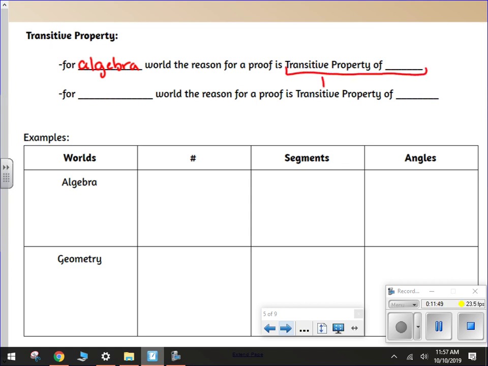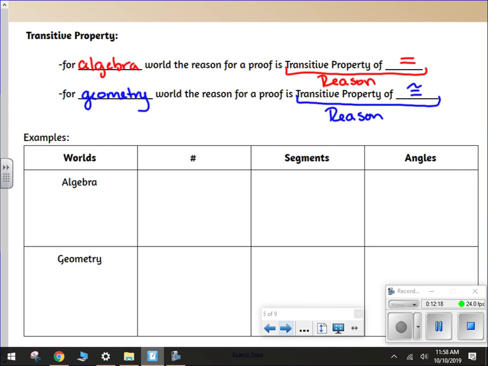And for the geometry world, this will be our reason if we want to use this property, but it's going to have the congruent symbol. And I know it seems really silly, that small detail, but if we don't have that correct in our proof, then one of our reasons is wrong, not proving that my statement's right, therefore making the rest of my proof invalid. So make sure we pay attention to those small little details.